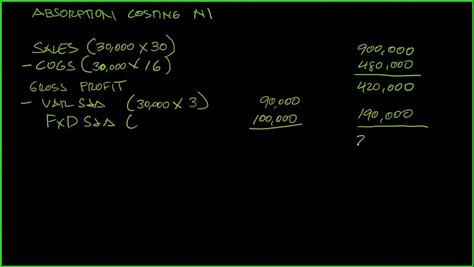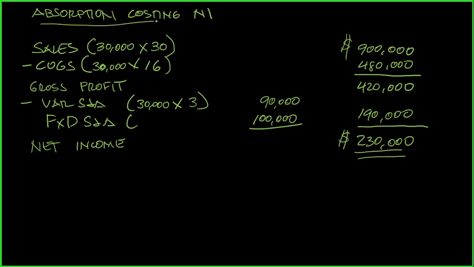So you now have $230,000 pala, as your net income under absorption costing. There you go. That's your net income under absorption costing.